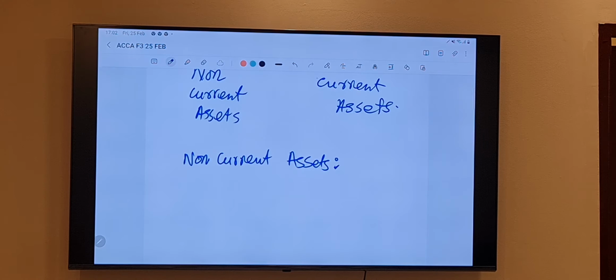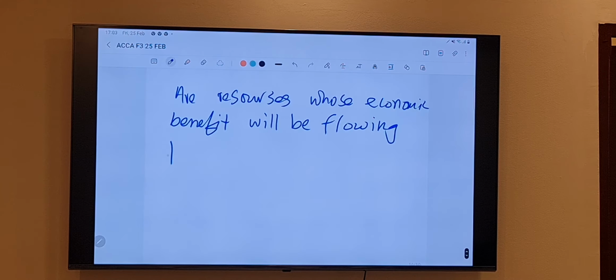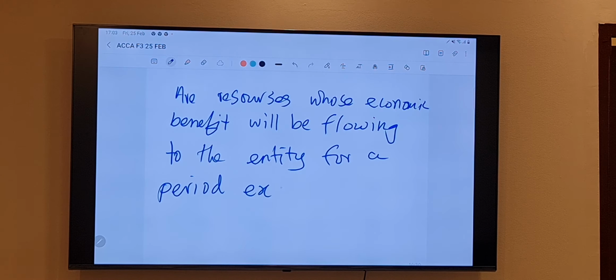That's it. So anyway, non-current assets are resources whose economic benefit will be flowing to the entity for a period exceeding 12 months.